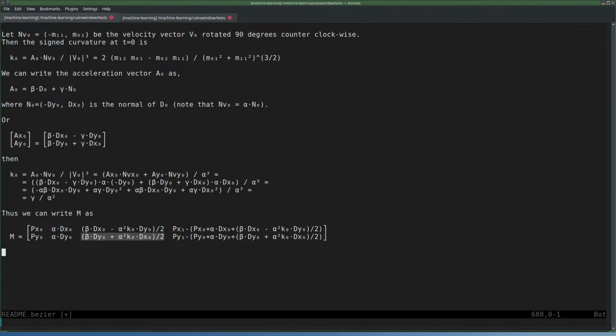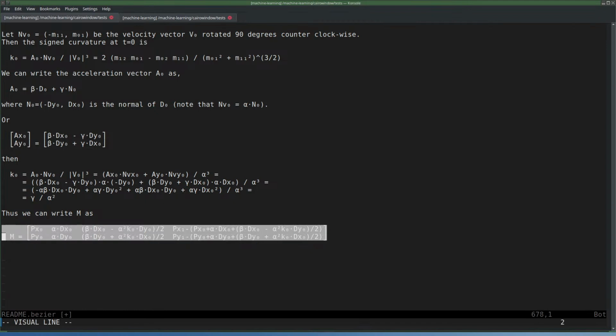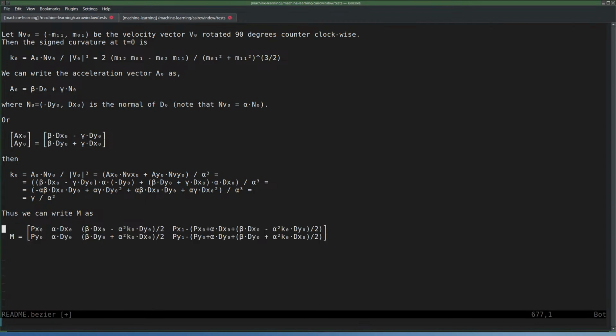And if you change k0, of course, then the curvature should change. So I guess the next step is to use this matrix and then draw it to test it, because you can always have made a mistake somewhere.